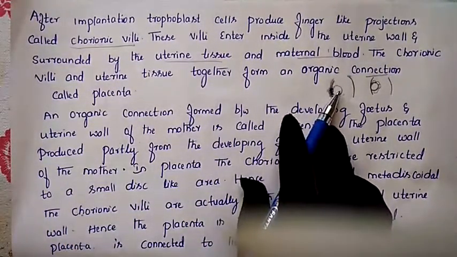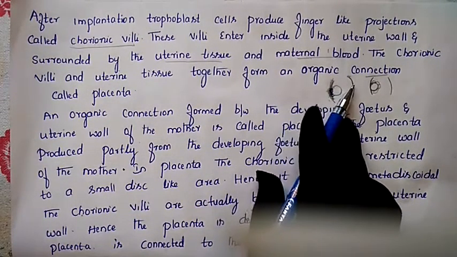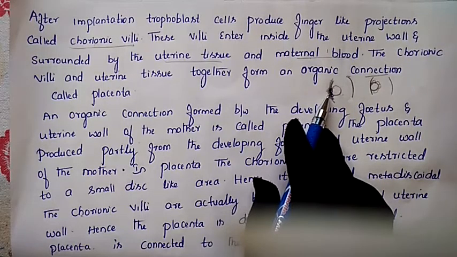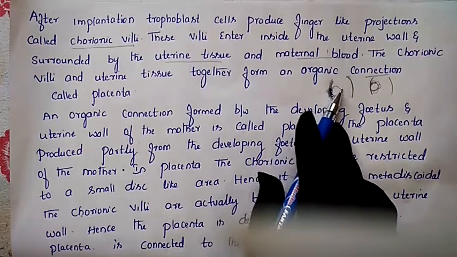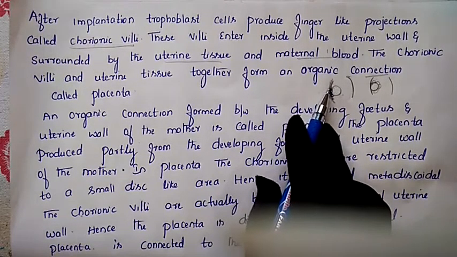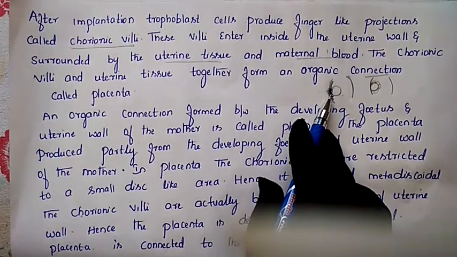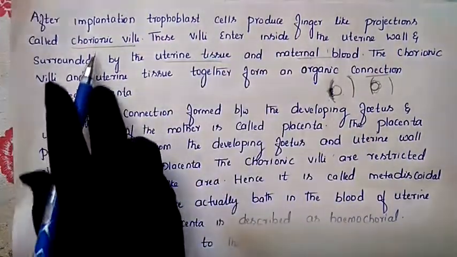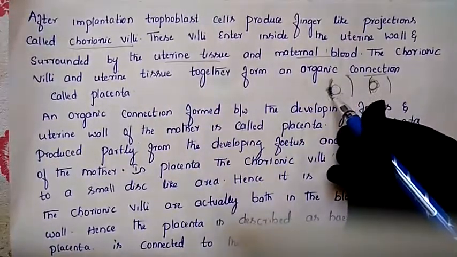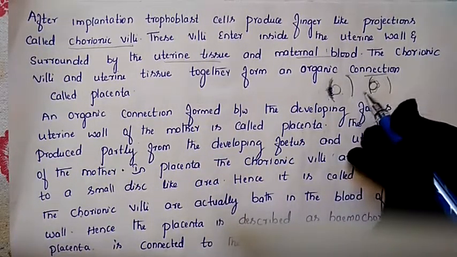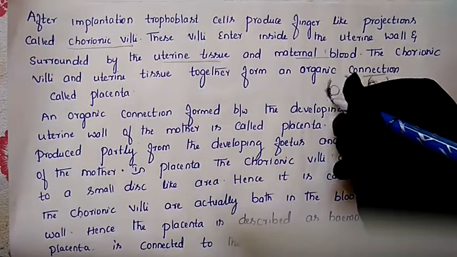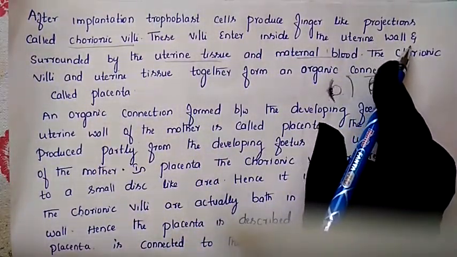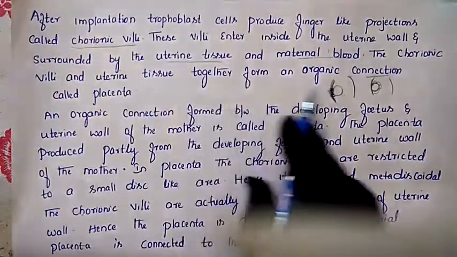When the blastocyst attaches to the endometrium layer of the uterus, the trophoblast cells produce the finger-like chorionic villi, and these villi take entry into the uterine wall and surround the uterine tissues.